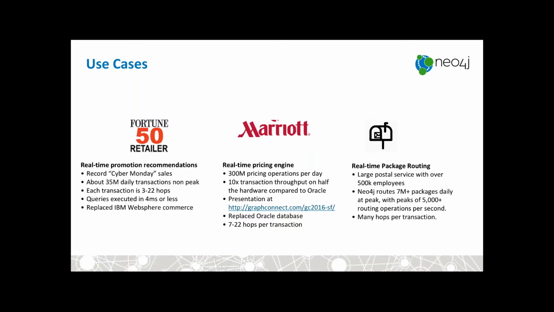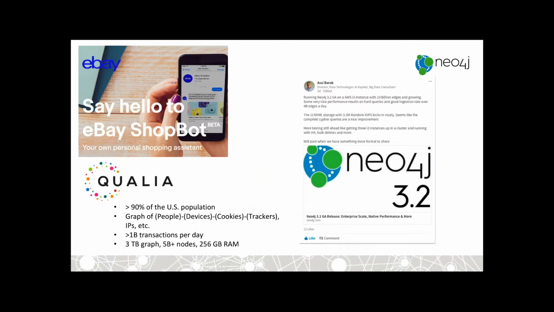Trying to figure out how to do efficient routing is naturally a graph operation. Our engine, our query language, our APIs make that straightforward for these guys to perform a vital service for that country.